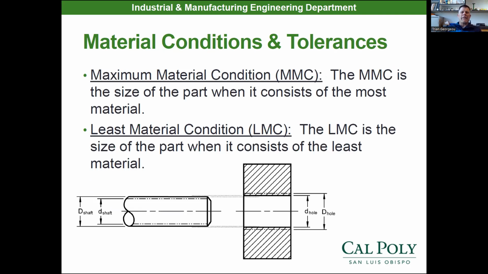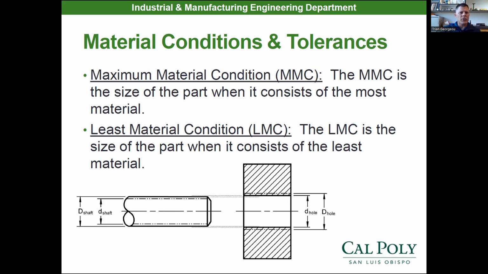Now, when I have a feature, it's got a material condition. If it's an external feature, its material conditions are opposite of when it's an internal feature. So shafts and holes have different values for the material conditions. So when you have the maximum amount of material on a part, when you have a shaft, it's the largest size.